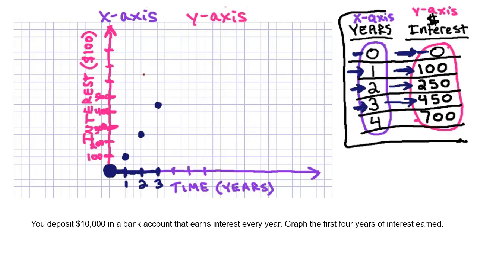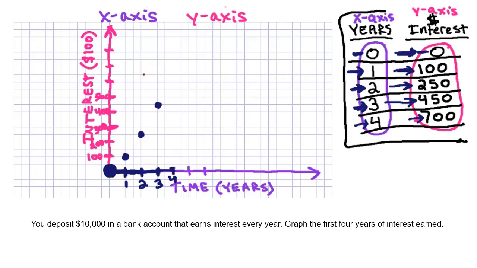Now let's go to our fifth set of numbers. Our x value is 4 and our y value is 700. So in our x value, we're going to count over to the right from 0. We're going to go 1, 2, 3, 4. So here's 4 years.